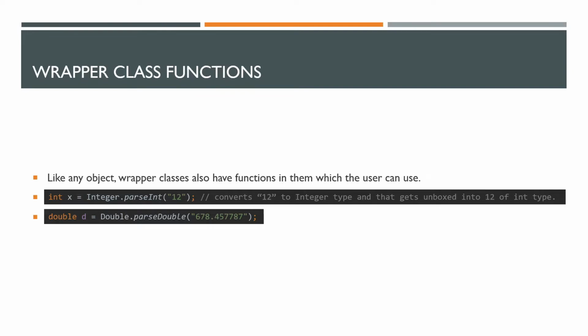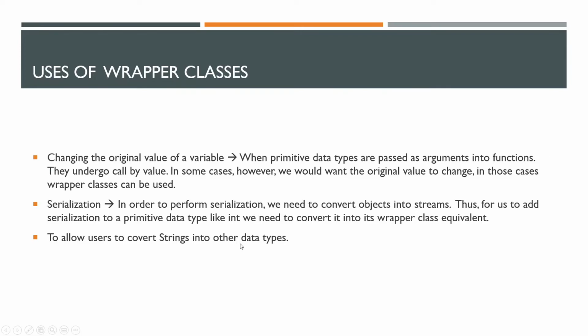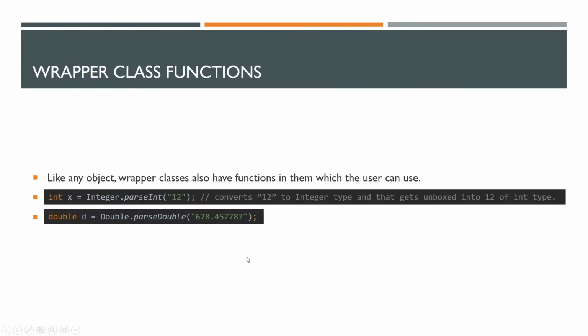Now, this is the third use that I talked about, in which we are passing in a string to this function, and it's returning back a value of primitive data type int. So we can now convert strings into primitive data type values with the help of wrapper classes. Then we can do the same thing for a double data type.